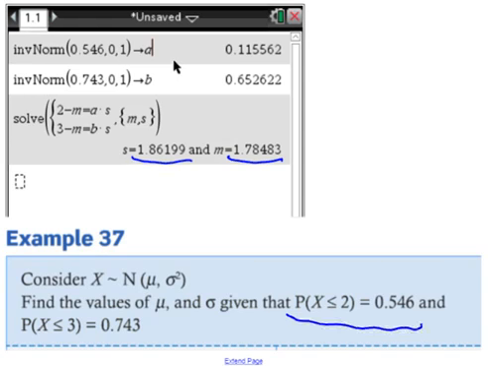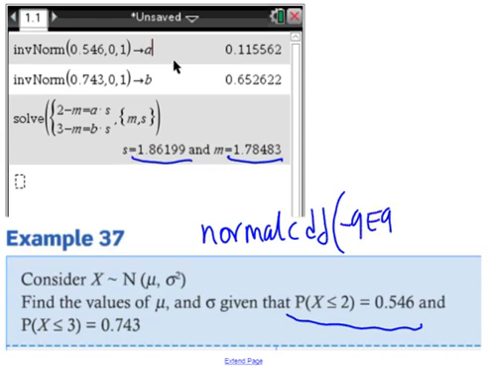If I do normal CDF from minus infinity to mean, standard deviation, that should give me 0.546.